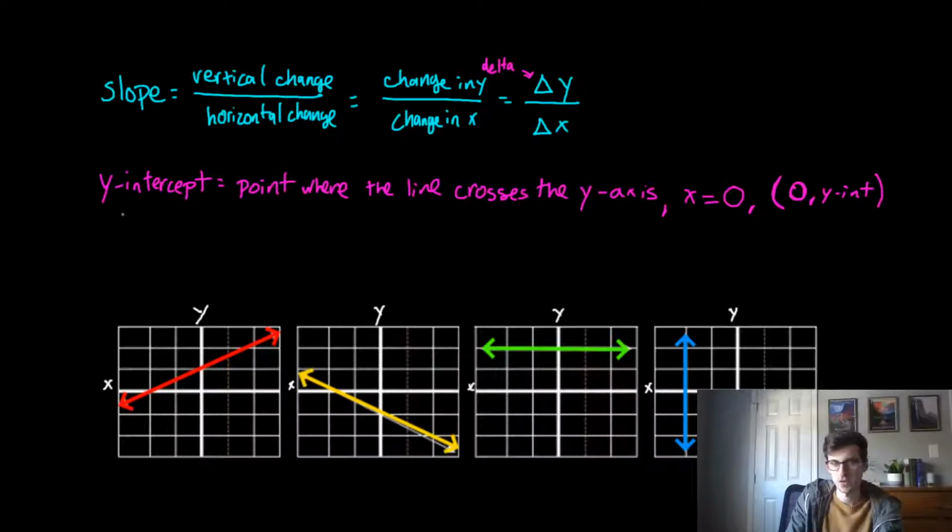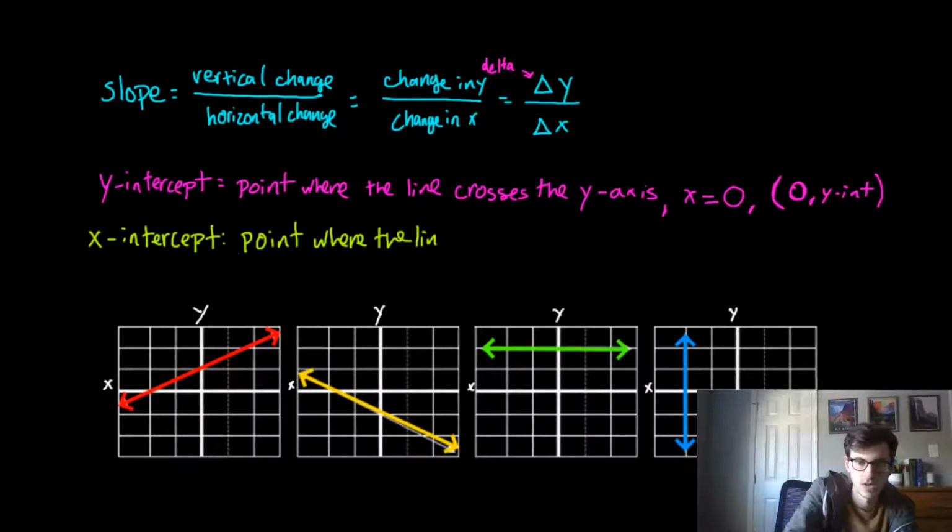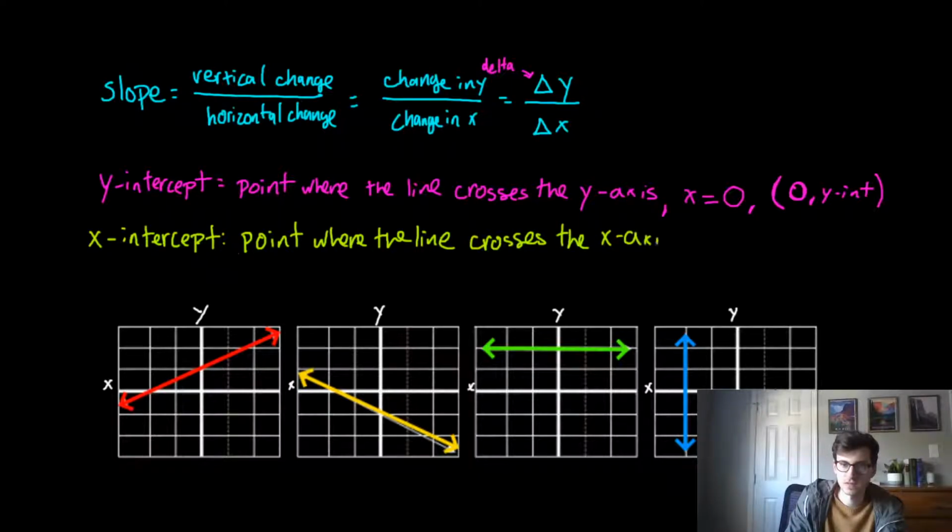Now, if there's a y-intercept, you should think that there is an x-intercept. And it's pretty much the same as the y-intercept. It's the point where the line, or where the graph crosses the x-axis.